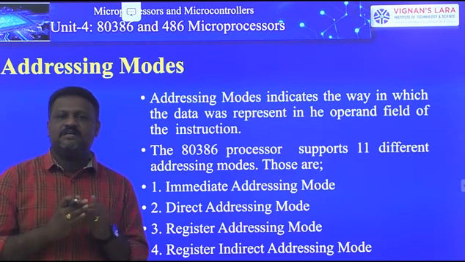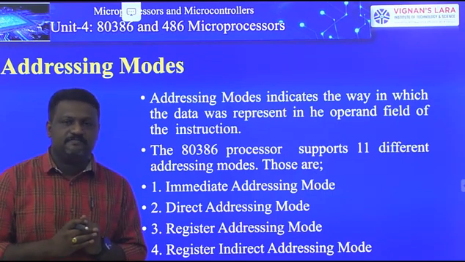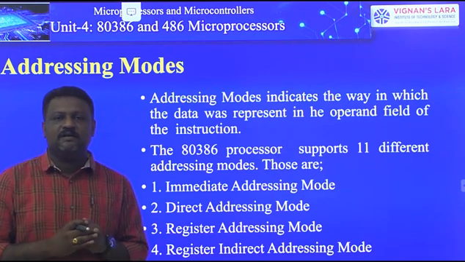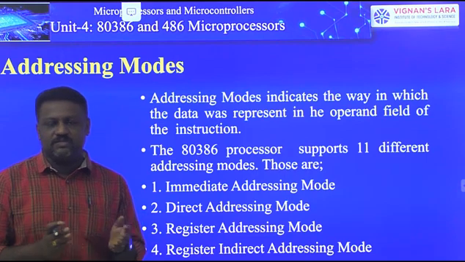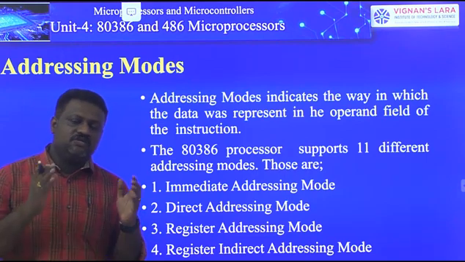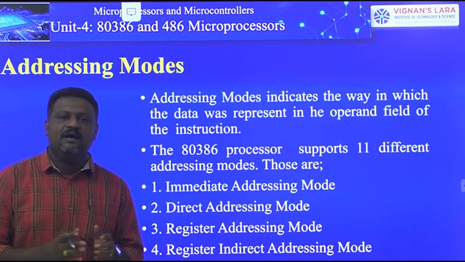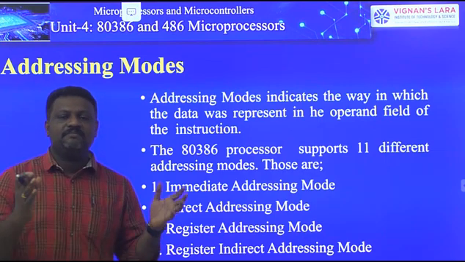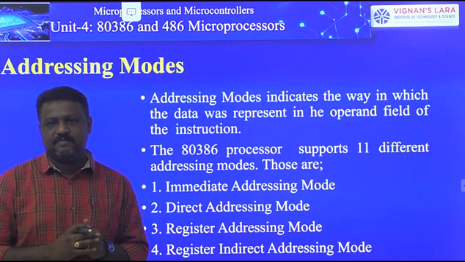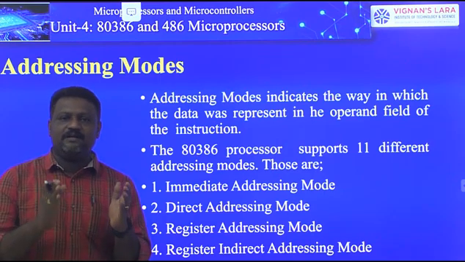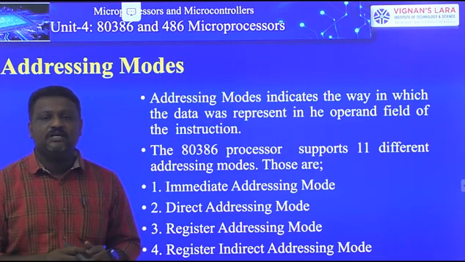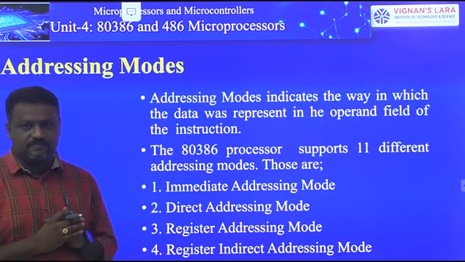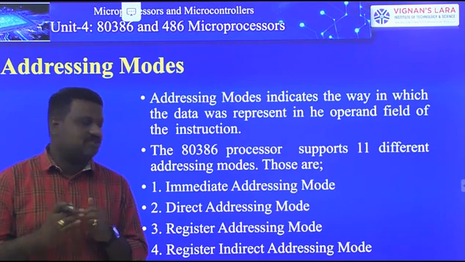In some instructions, data is directly placed. In some, data is represented through CPU registers. In some, data is represented through a memory location address or a combination of these. So finally, an addressing mode is the way in which data is represented in the operand field of the instruction.